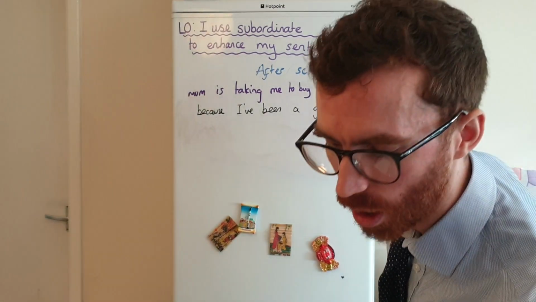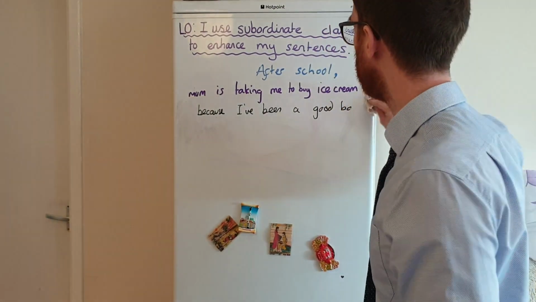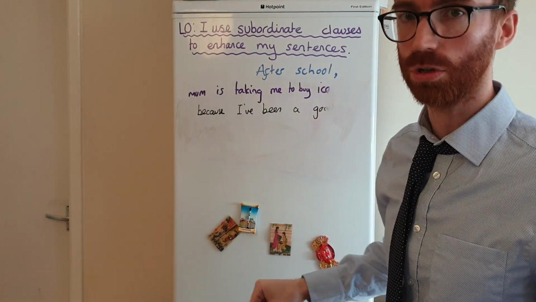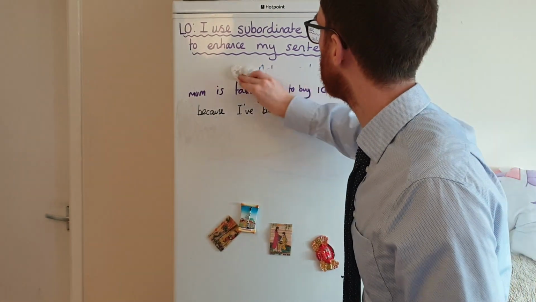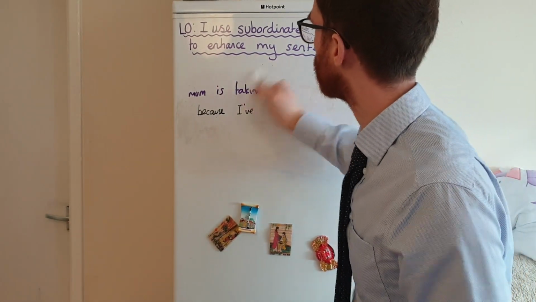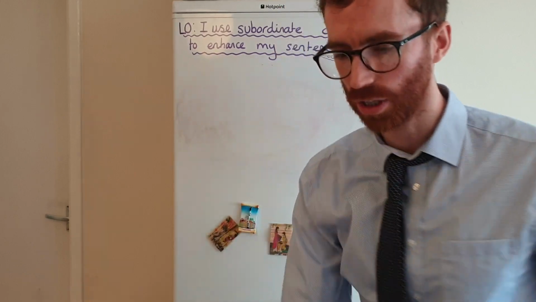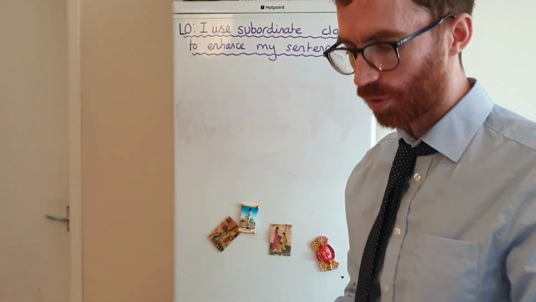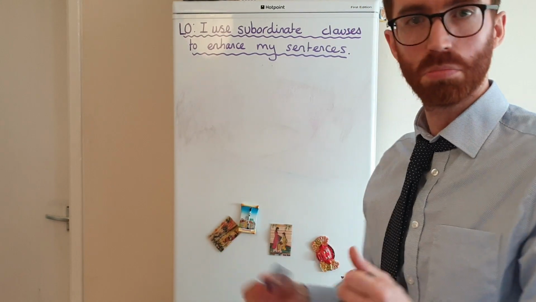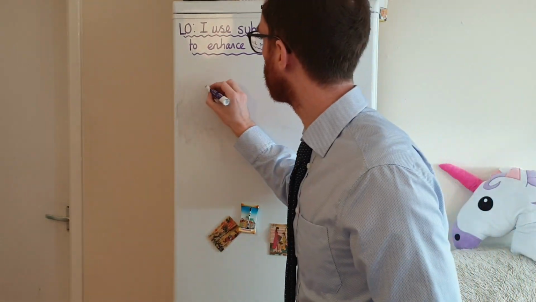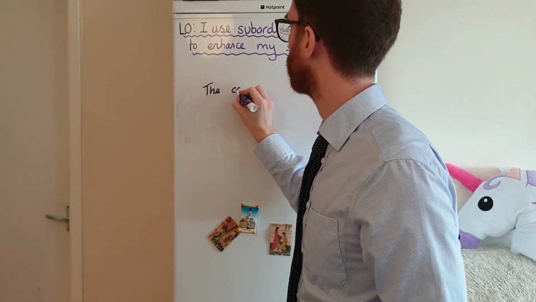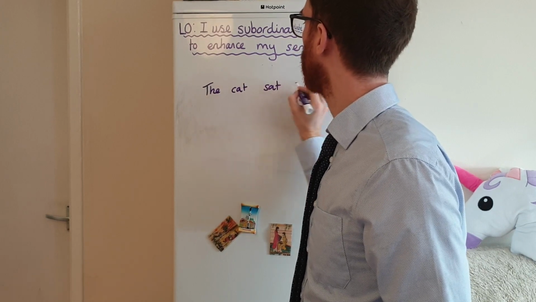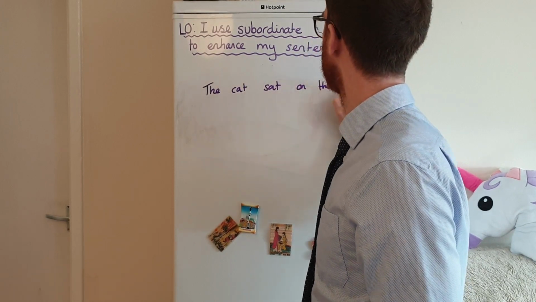Right, let's have a couple more goes, and then I'm going to leave you with a picture, and I want you to try and write me a few sentences about that picture. So here's a couple more sentences, main clauses that we can use to practice. The cat sat on the mat.